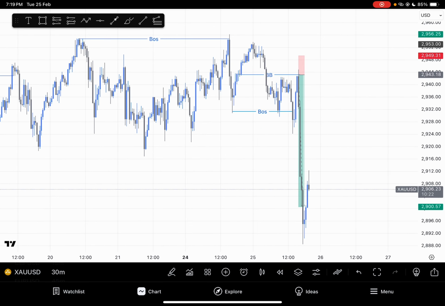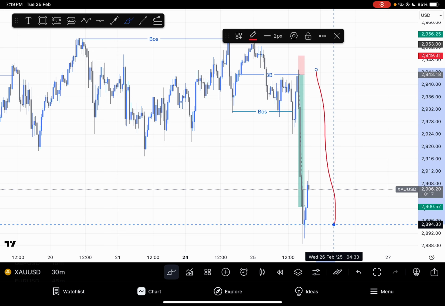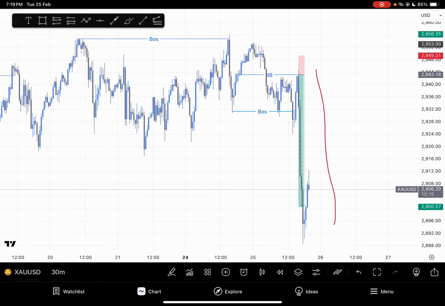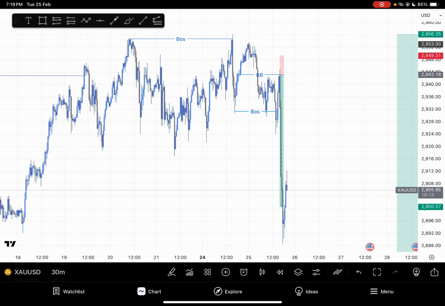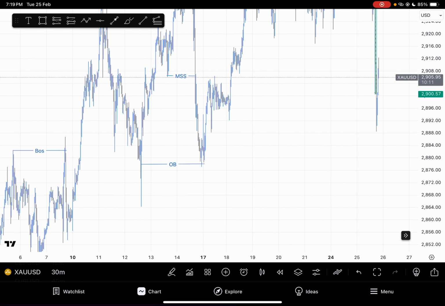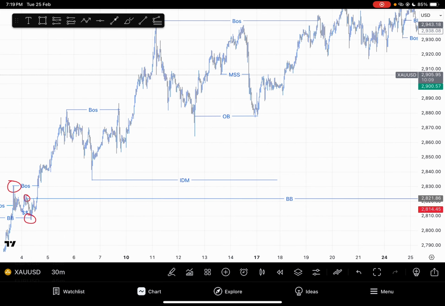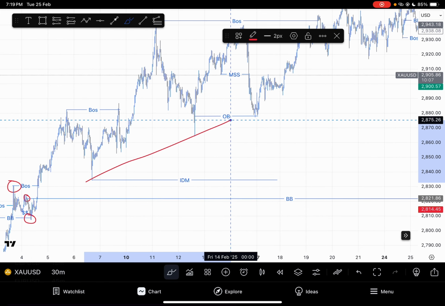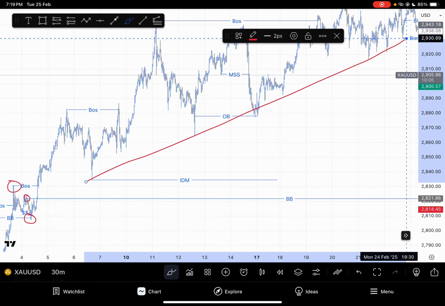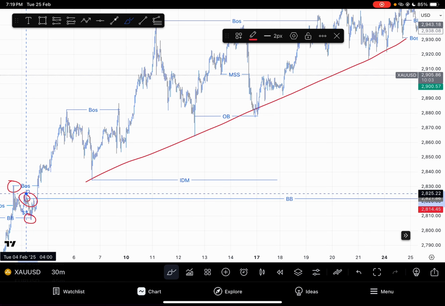I feel this movement here, price is going to use it to take out sell side liquidity. It's going to clear this whole sell side liquidity, so it can tap on this breaker block before distributing back to the upside.